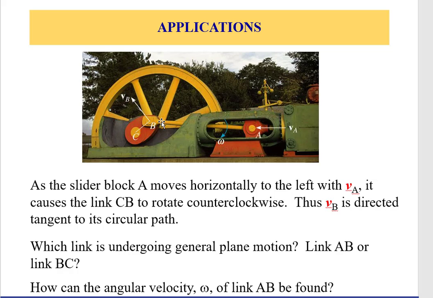So this mechanism, while it's connected, there is a relationship between the motion of the link AB and the angular velocity of link CB, and that is associated with the base point B. The base point B, as seen by A, has two components, a translation component and a rotation, as we will see later.